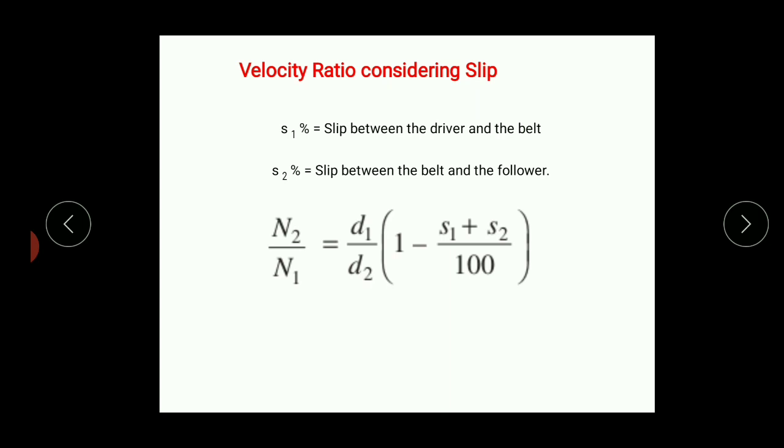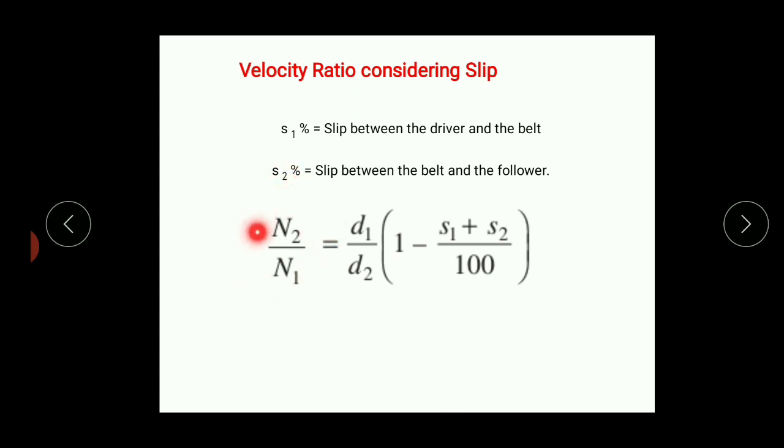But due to the slippage, the velocity ratio or speed ratio gets affected, and the speed ratio due to the slippage between the driver and the belt, or the driven pulley and the belt, will be given by this relation: n2 upon n1.